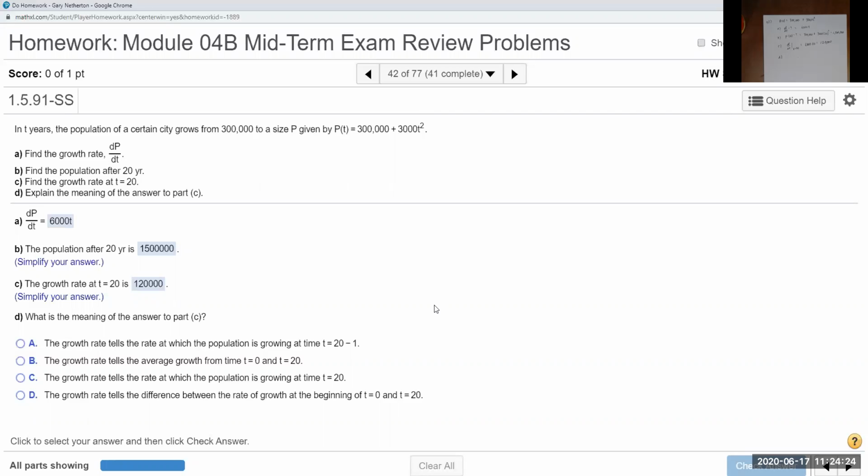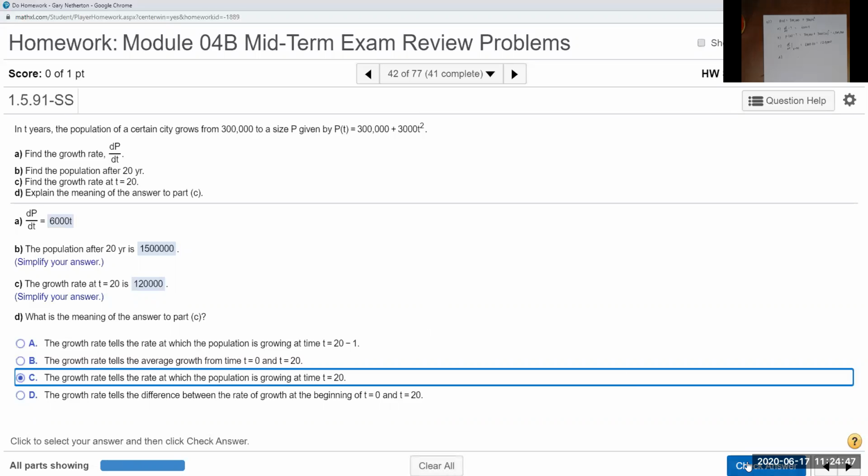So right at that point in time, what's the population growth? 120,000. So it's going to be C. The growth rate tells the rate at which the population is growing at time T equals 20. That's what I was saying.